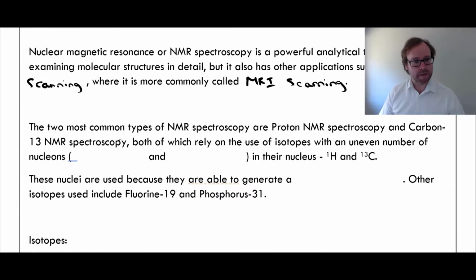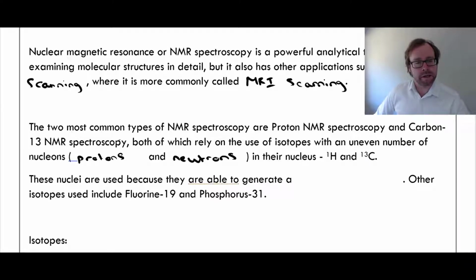The two most common types of NMR spectroscopy are proton NMR and carbon-13 NMR spectroscopy, both of which rely on the use of isotopes with an uneven number of nucleons. Nucleons just means protons and neutrons, so really it's the particles in the nucleus.